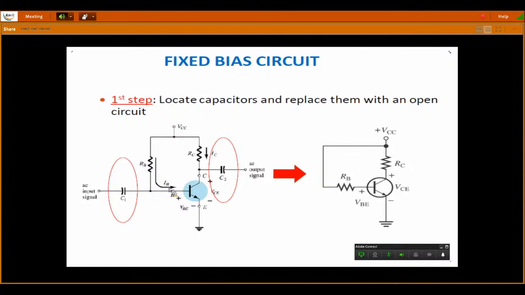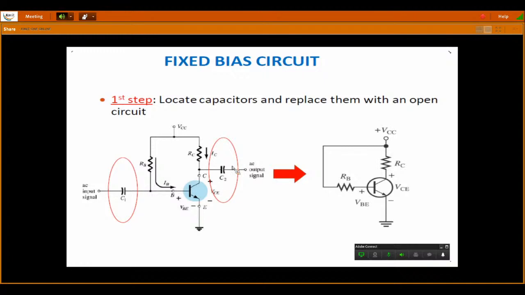These coupling capacitors are utilized to couple the AC input signal, and the function of this coupling capacitor C1 is to block the additional DC which comes from your input signal, whereas C2 is connected at the output terminal.